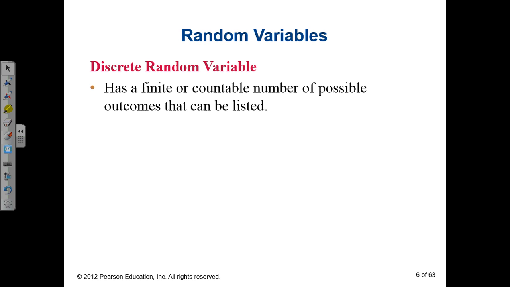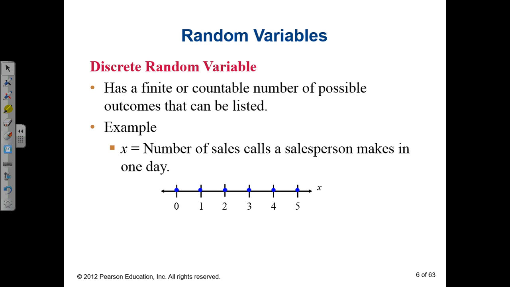The discrete random variable has a finite or countable number of possible outcomes. The random variable is discrete if what you have to do is count the outcomes. For example, we count the number of sales calls a person makes.